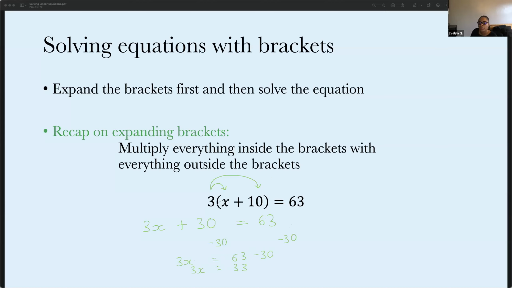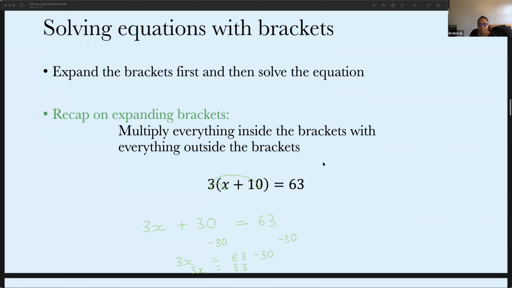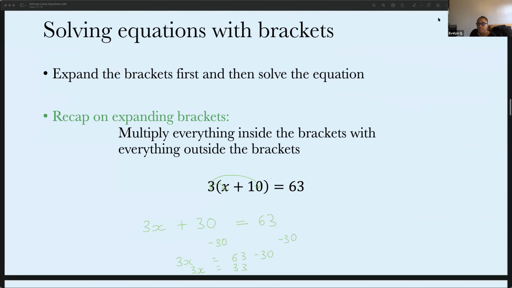And then I'd like to ask you guys, what do you think x should be equal to? Brilliant, exactly. We're going to divide both sides by 3, and 33 divided by 3 is 11. So that's brilliant. Perfect. Right, we're going to move on then to the next part.